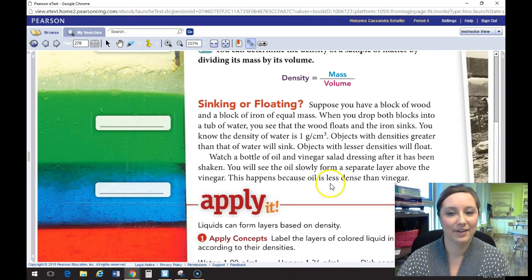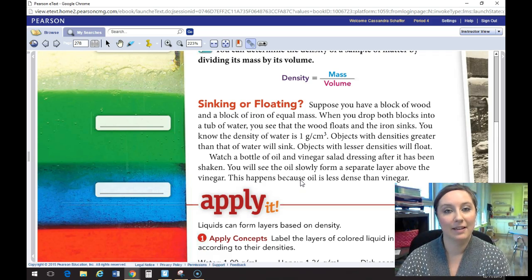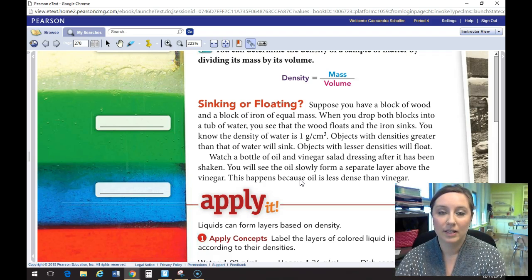In this last paragraph here, watch a bottle of oil and vinegar salad dressing after it's been shaken. You will see the oil slowly form a separate layer above the vinegar. This happens because oil is less dense than vinegar. Up to this point, you guys have been working with seeing how solids will float or sink in liquids. We can actually do that with two liquids. We can see why one liquid will sink in another and why other objects will float.